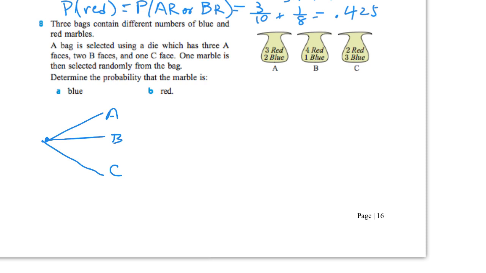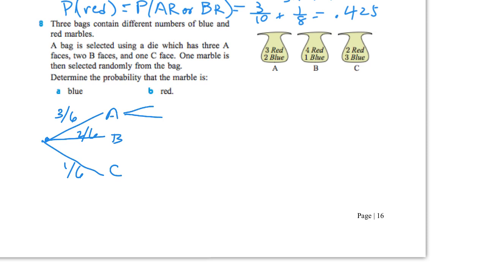If our die has 3 A faces on it, 2 B's, and a C, we have a 3 in 6 chance that we pick bag A, a 2 in 6 chance that we pick bag B, and a 1 in 6 chance that we pick bag C. Okay, and then I'm either going to pick out a red or a blue disc.